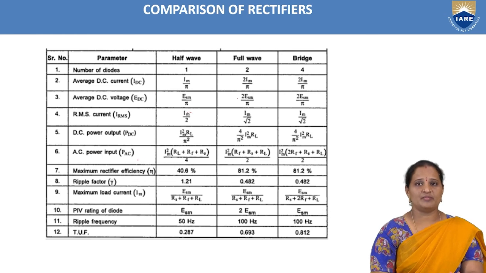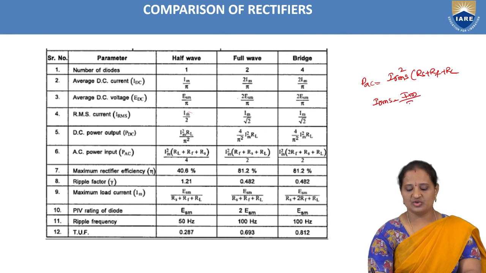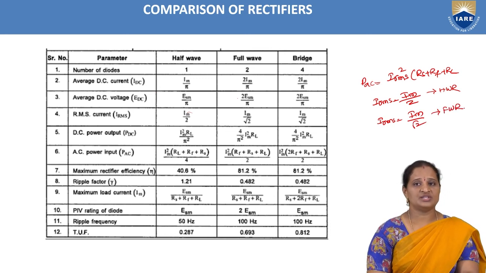Coming to the AC input power, Im square into (RL plus RF plus RS) divided by 4, because we already know that PAC is equal to IRMS square into (RS plus RF plus RL), where the IRMS value is Im by 2 in case of half wave rectifier, whereas IRMS is equal to Im by root 2 in case of full wave rectifier, that is either bridge rectifier or center tap full wave rectifier.